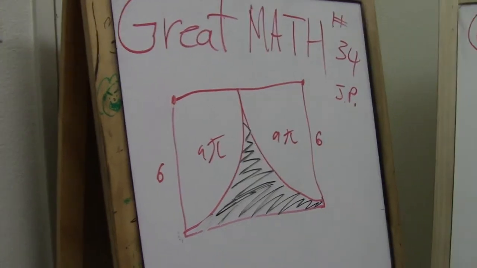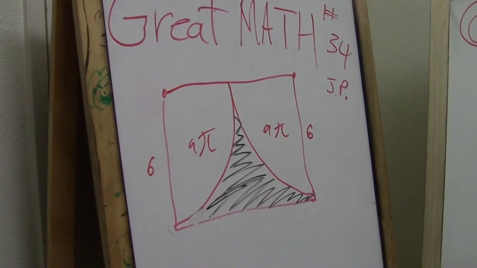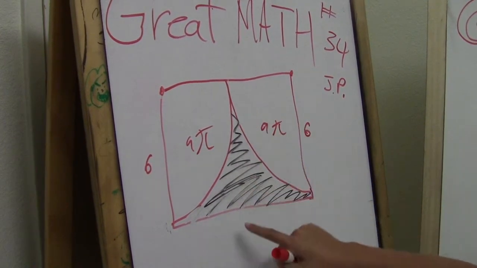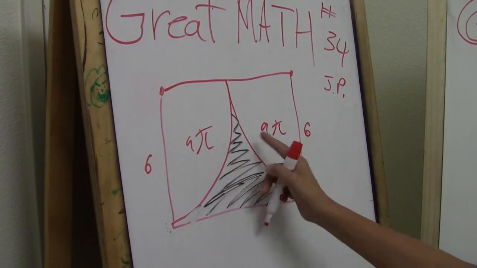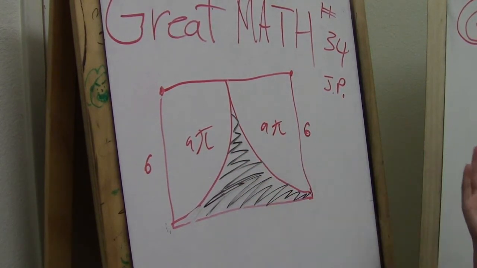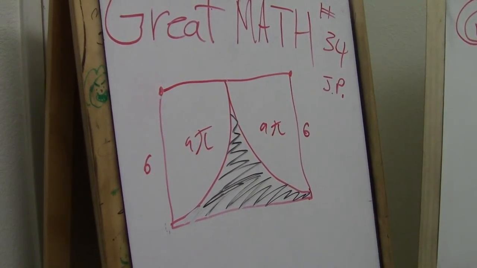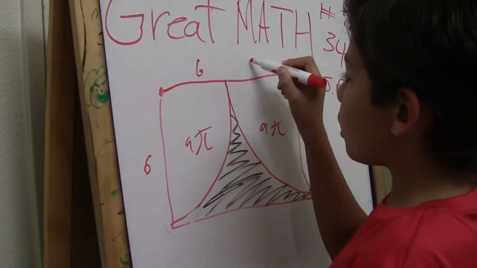Now, what can we do? It asks for the shaded area. We can find the area of the entire rectangle and subtract these two pieces. What is the area of the entire thing? Since they meet at this point, this will be 6 and that will be 6.